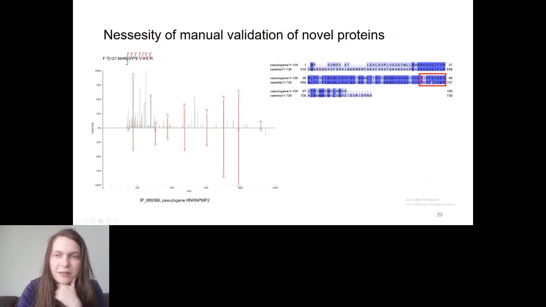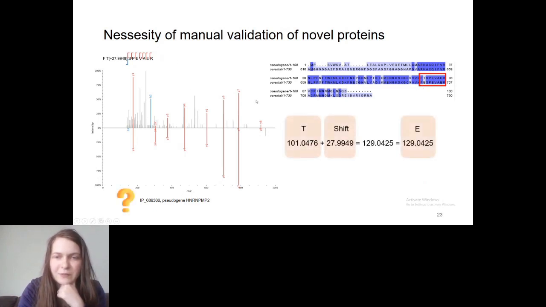It means that the identified pseudogenic peptide is just one amino acid different from the parental one, exactly where the mass shift is found right here. And if we sum up the masses of threonine and the shift of the pseudogenic peptide, we end up with glutamic acid, which is found in the shared peptide. So now we are not really confident in this spectrum, though it looks very good.